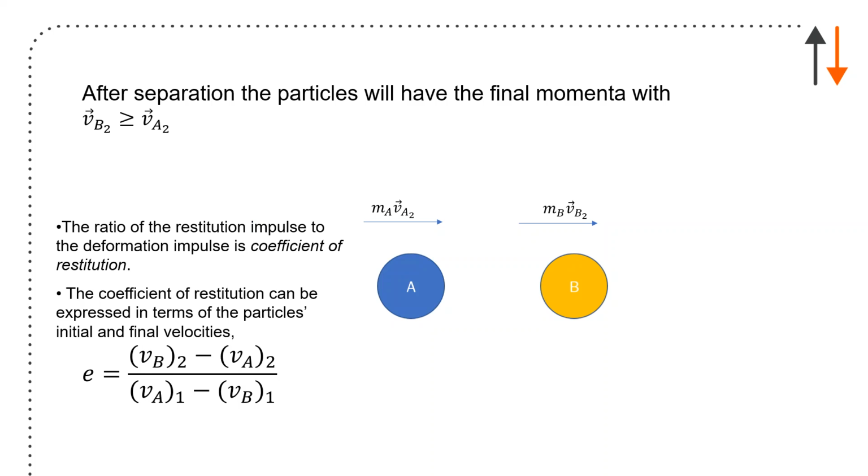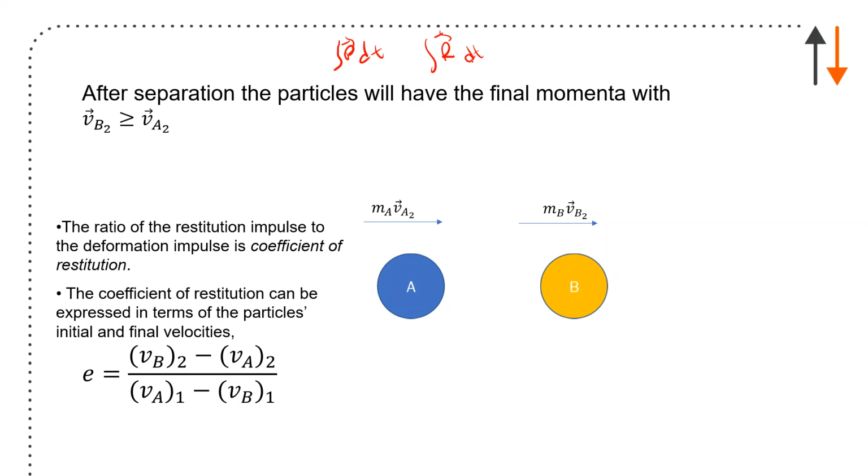And this is where we're kind of not talking about this in the course, but it's helpful to define this. The ratio of the restitution impulse to the deformation impulse is the coefficient of restitution. And you can imagine that trying to extract out P dt and R dt is pretty hard to do on the fly.